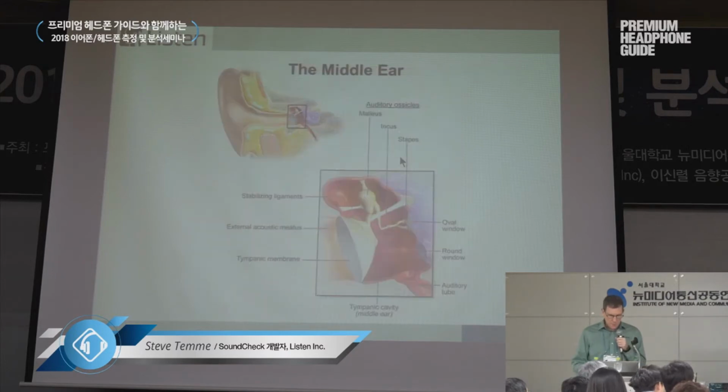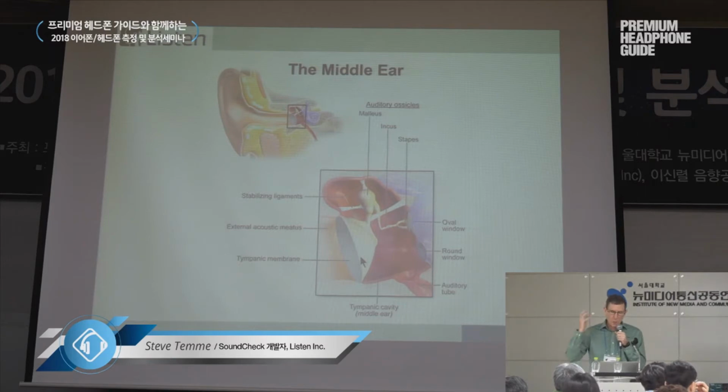So, why is that? Well, if we look at the physiology of the human ear, Peter already showed us some of this. We have what we call the middle ear. After the ear canal, we have the tympanic membrane, the eardrum, and we have this wonderful mechanical amplification device and impedance matching device.